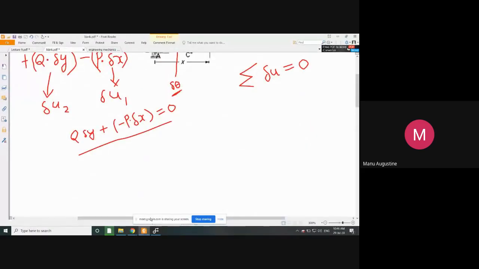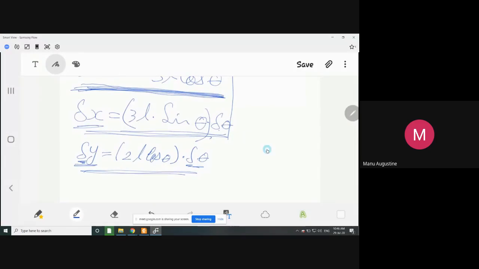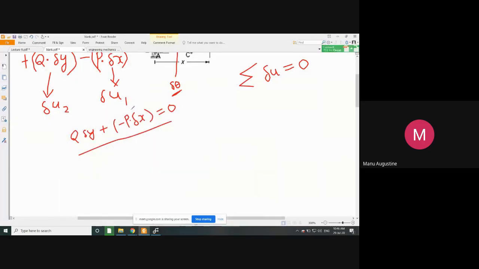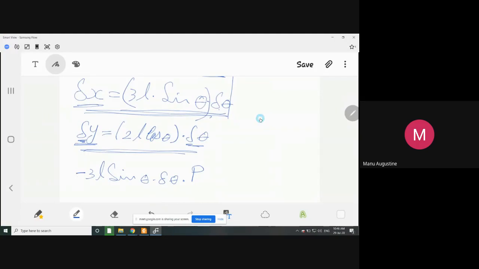And now let us treat this equation mathematically. Okay, this is our delta x, this is our delta y. So what I will say is P into delta x was negative, so I will say minus 3L sine theta del theta into P. This is P into del x, and I have put the negative sign also.